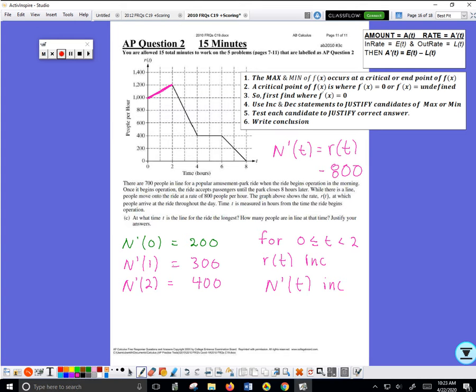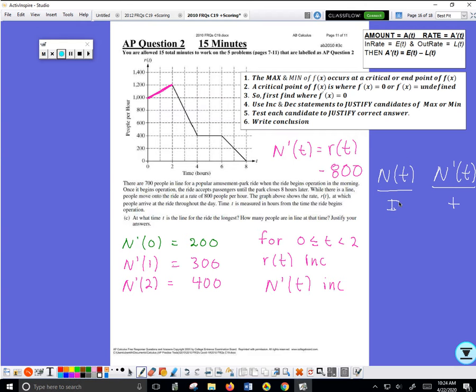Now the follow-up question is, what's happening to the number of people in line? We can say, here's n, and here's n prime, and whenever n prime is positive, that tells me n is increasing.